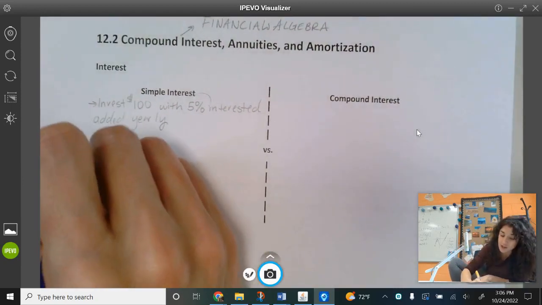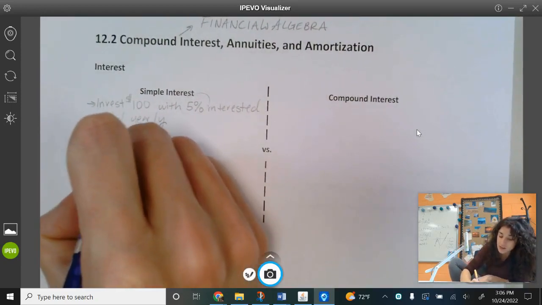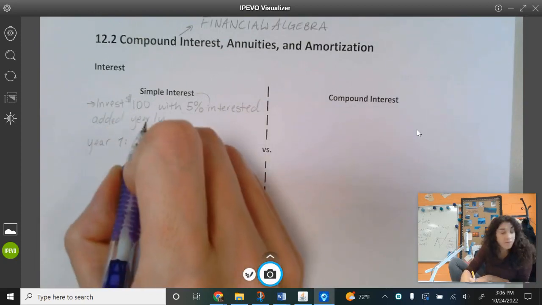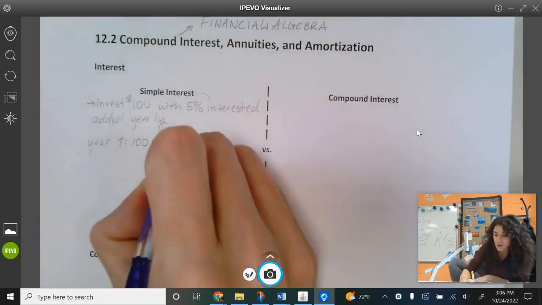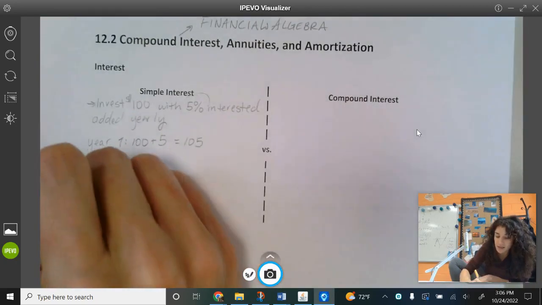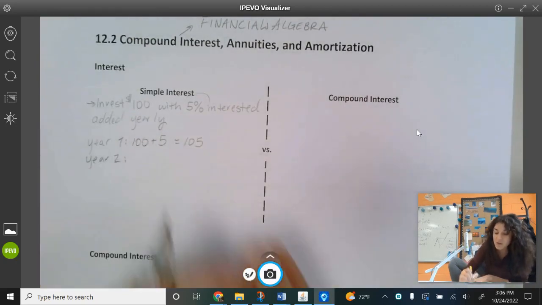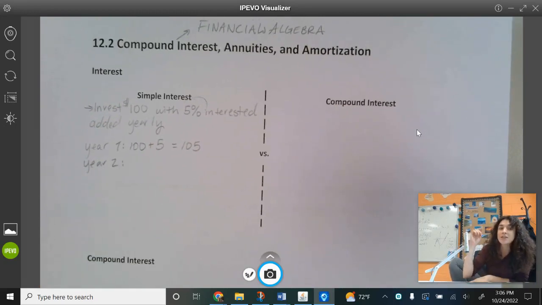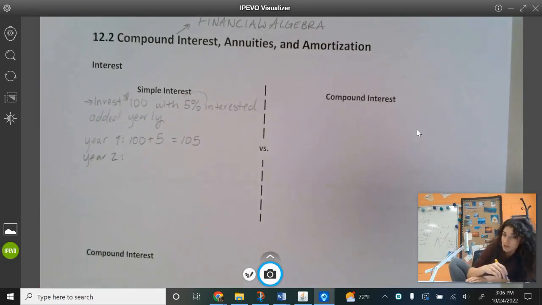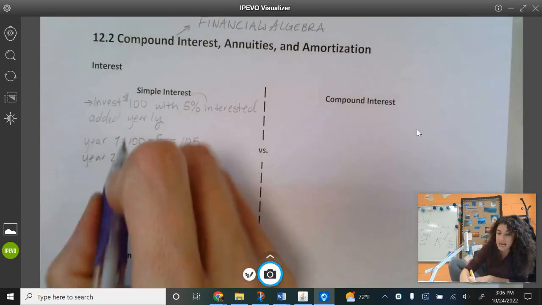What that means essentially is year one, you take 5% of 100, which is 5, and you add that to 100, which is 105. And then year two, your 5% is still of the original investment. So with simple interest, it's only 5% on your original investment, and then that just keeps getting added, right?